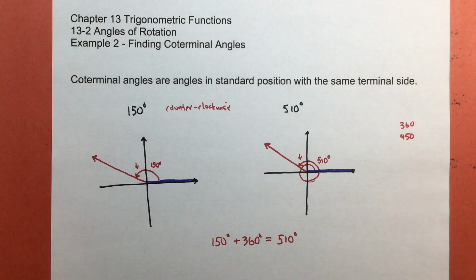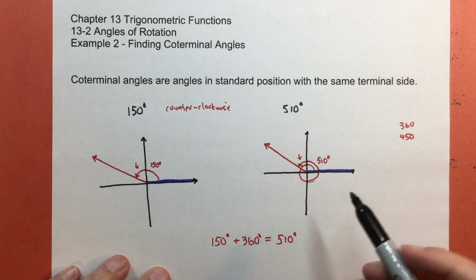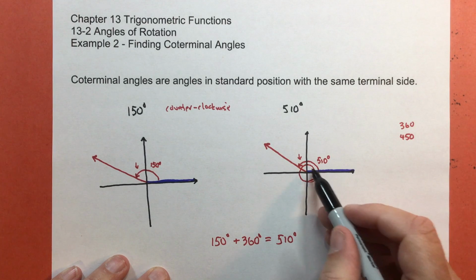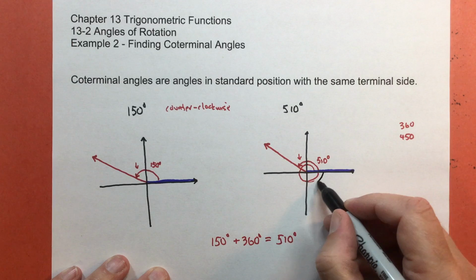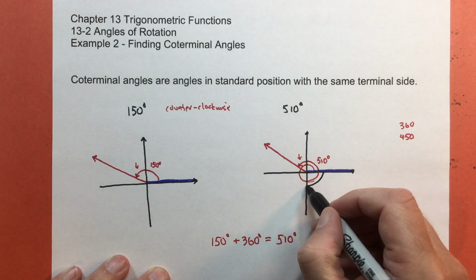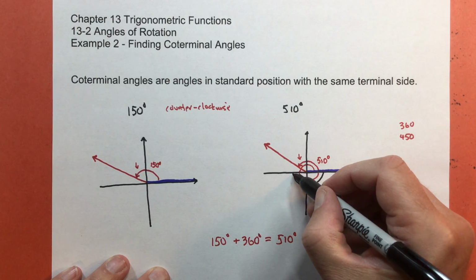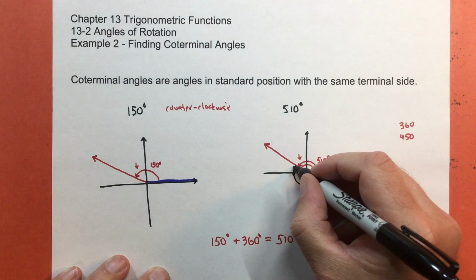You can also get a coterminal angle by going in the negative direction. So let's look at this. What would happen if I said I want a coterminal angle that's going to go negative? Well, I would go this direction, then I'd go to 180, then I'd pick up this part right here.